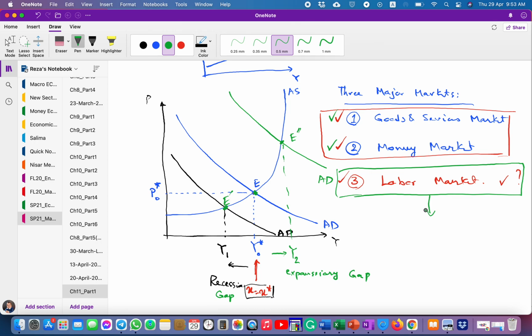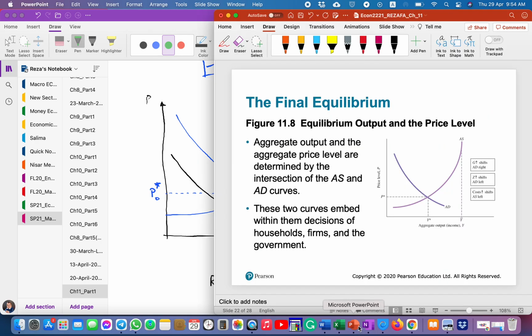And we are simplifying this by saying that if the economy is producing what is called the full employment level of output, we would say that the labor market is in equilibrium. This we define as the long run aggregate supply, which I'm going to explain, but I think there is one slide left before we explain the long run aggregate supply.